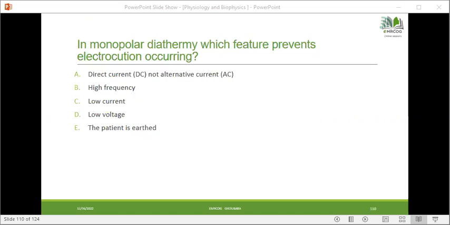No, actually, Dr. Saira, this is the answer that all groups give. The patient is Earth? The patient is not Earth. The machine is Earth, not the patient.